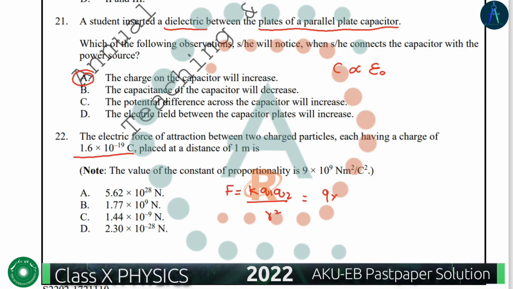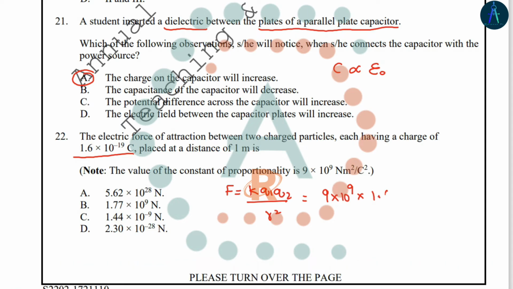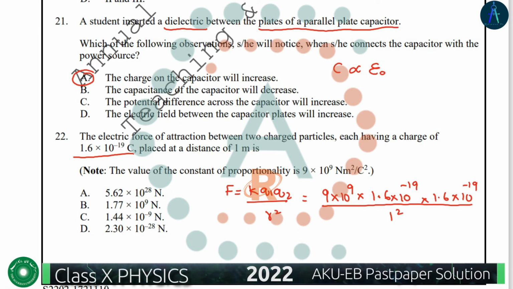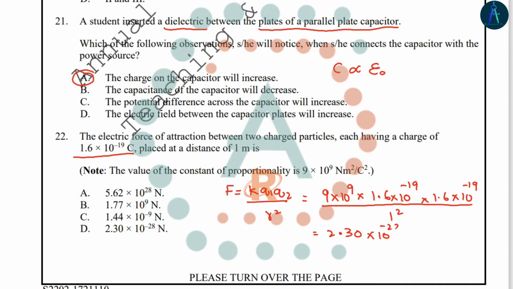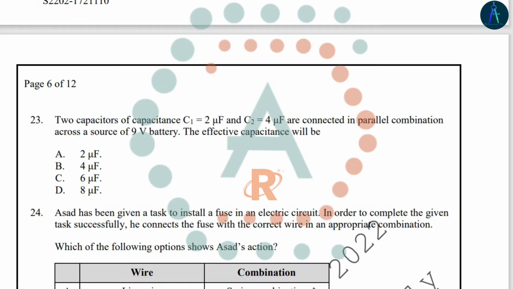The value of k is 9 × 10^9. Q1 and Q2 are both 1.6 × 10^-19, and the distance between them is 1. If we solve all these expressions, the correct answer would be 2.30 × 10^-28 newton. So for 22, option D is the right answer.